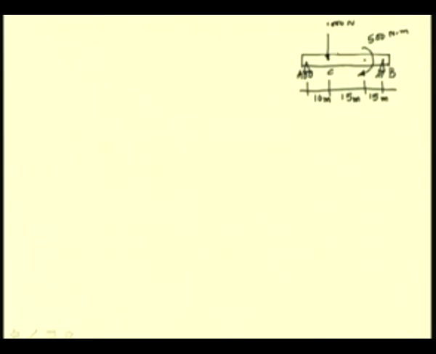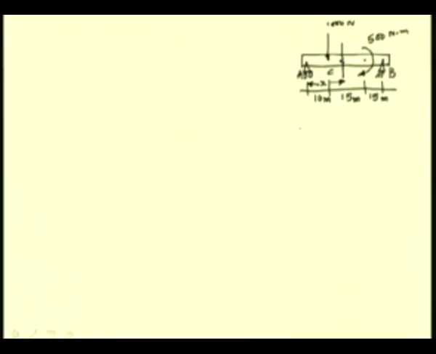Let us say we are interested in finding the shear force at a distance x from the end A. How do we proceed? We first construct the free body diagram of the complete beam to determine the external reactions.